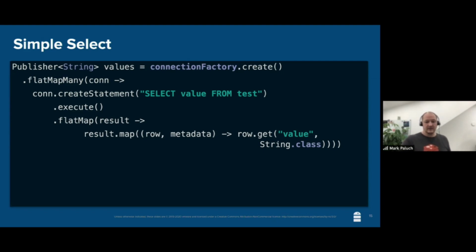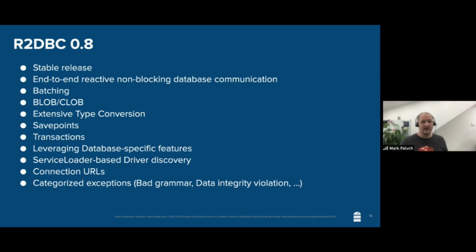Now, let's take a look at what we have already today. R2DBC 0.8 is a stable GA release. And it is 0.8 because we decided during the course of developing R2DBC that we are not exactly sure whether we have reached API stability.